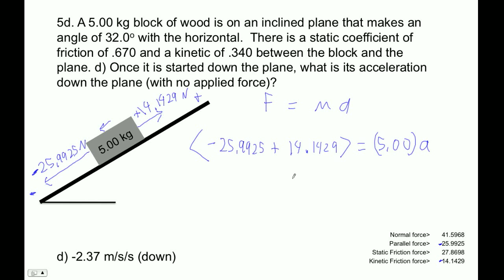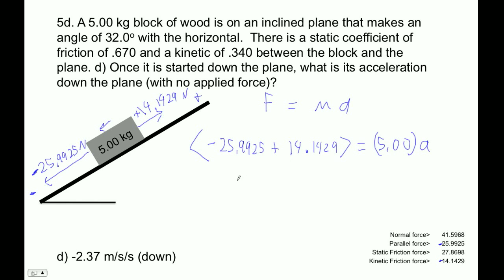Okay, so let's set this thing up. What I'm going to do is just go this guy plus this guy and then divide by 5, right? Okay, so there we go.